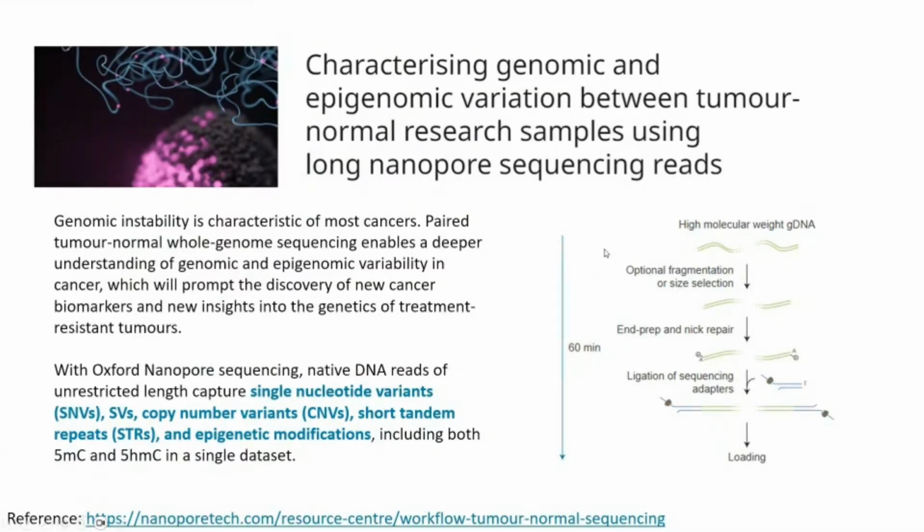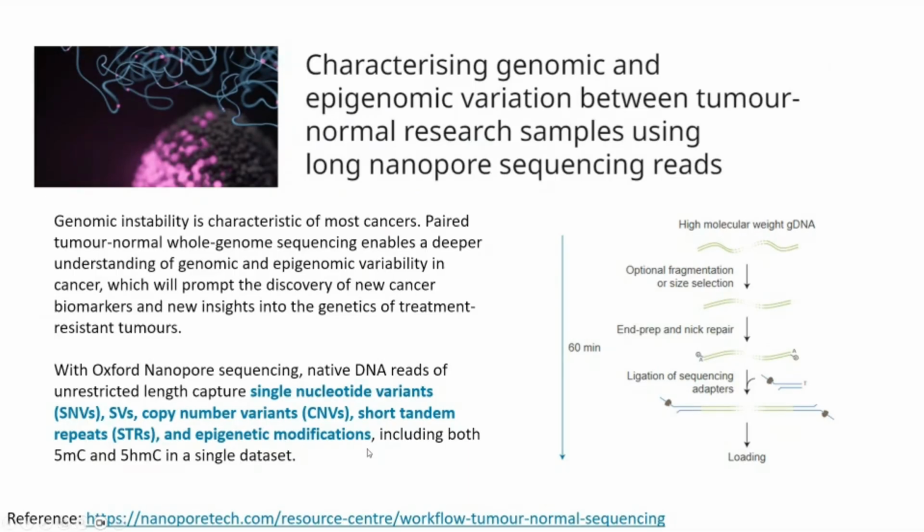So for ONT, they have developed end-to-end workflows on how to perform paired tumor normal sample sequencing using the ONT devices. With ONT sequencing, when we supply the native DNA to the sequencing process, we are able to capture single nucleotide variants, structural variants, copy number variants, short tandem repeats, and also the epigenetic modifications.